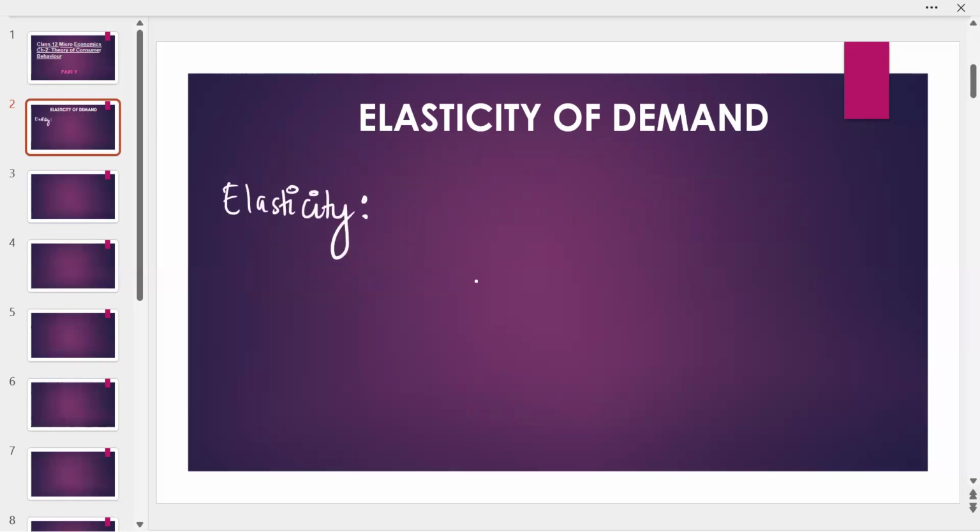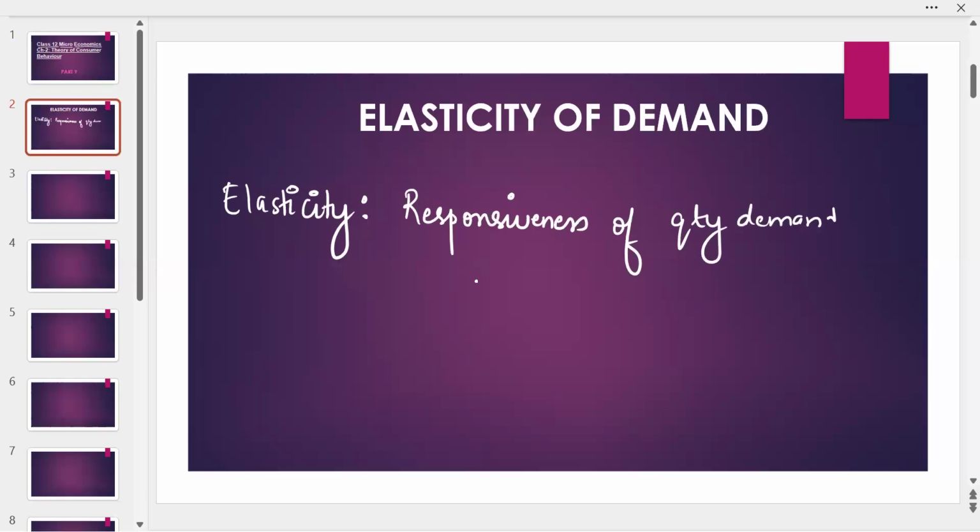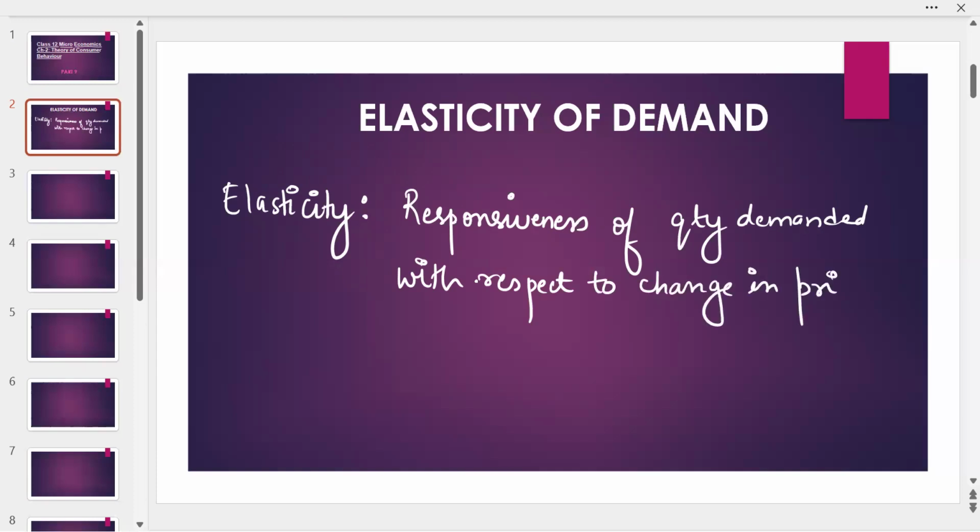Elasticity refers to the responsiveness of quantity demanded with respect to change in price. All right. So, what is the responsiveness of quantity demanded with respect to change in price?